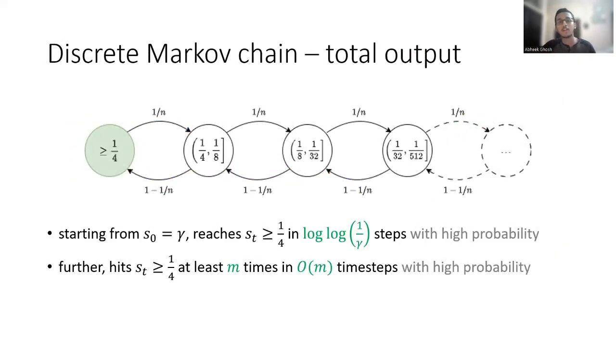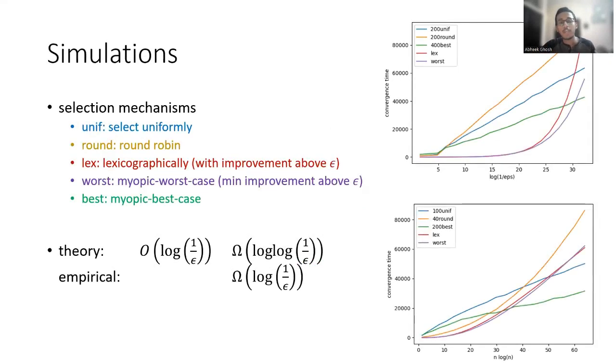So this was some intuition of how we show our rate of convergence result for 3 or more homogeneous agents. In the paper, we have also extensive simulations of this best response dynamics. On the right-hand side, I have plotted the convergence time with respect to epsilon, log(1/epsilon), at top, and with respect to n at bottom.